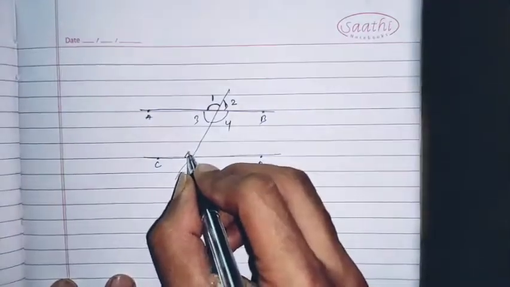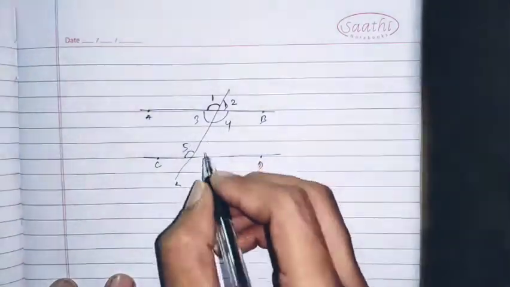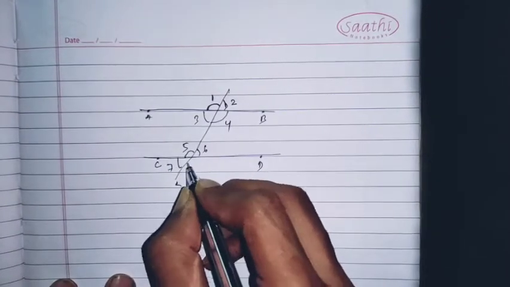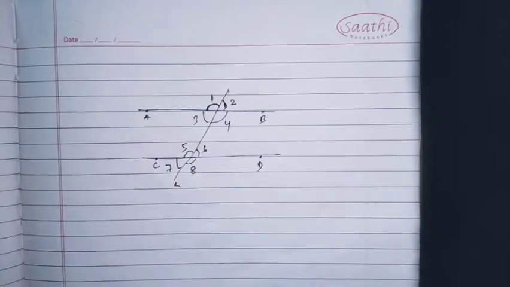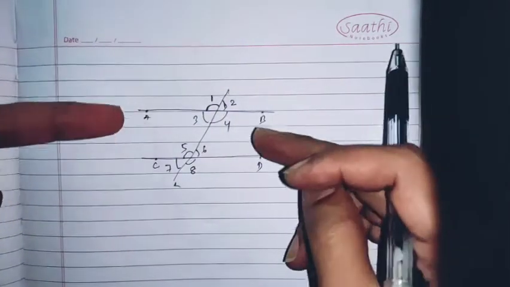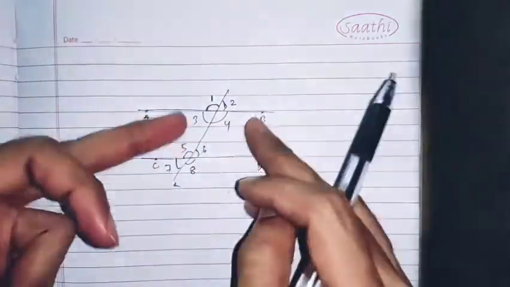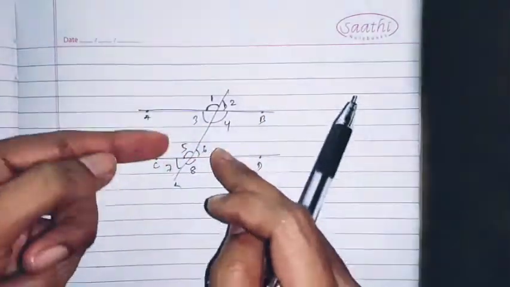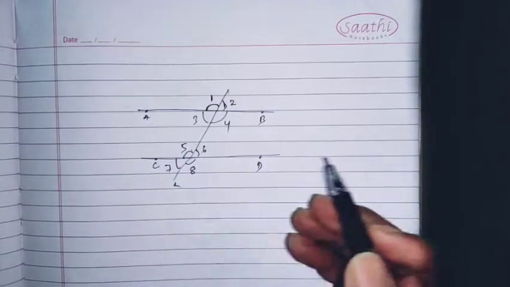Here 5, 6, 7 and 8. So you can see 1 and 2 are outside the lines, and 3 and 4 are inside. 5 and 6 are inside, and 7 and 8 are outside.